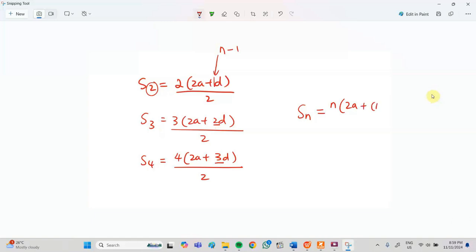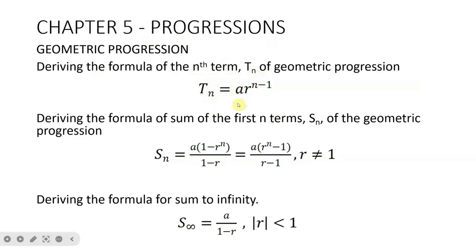So here you have n minus 1 d. Hence, this becomes a square bracket. And of course, the denominator is the same. Hence, this is 2. And in the end, you rewrite this such that it matches the formula given, 2a plus n minus 1 d. And we get our formula for the geometric progression.